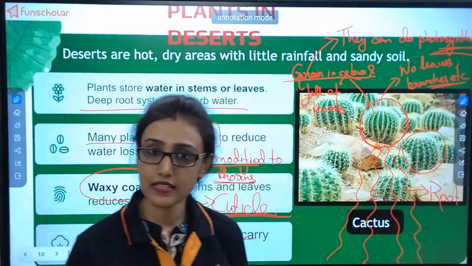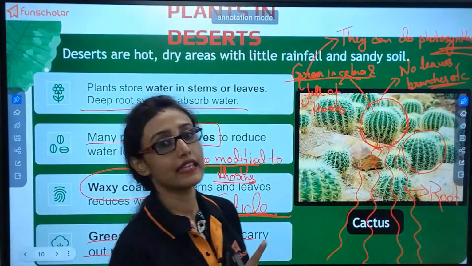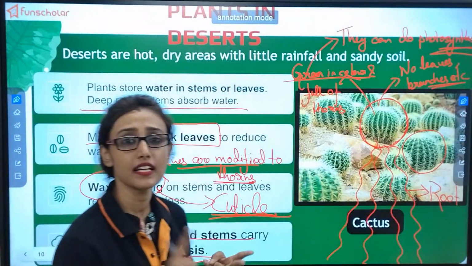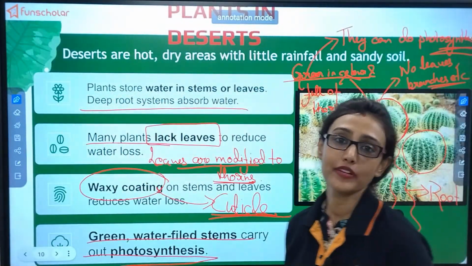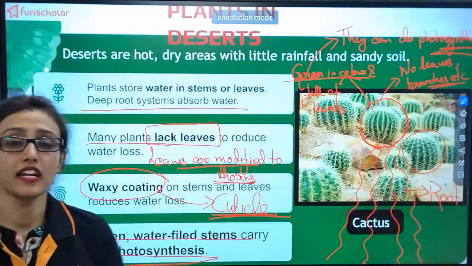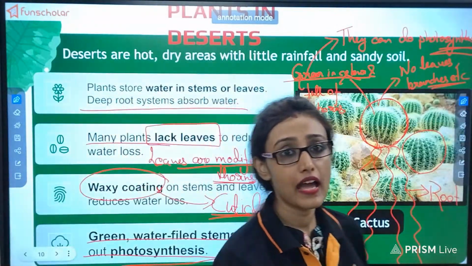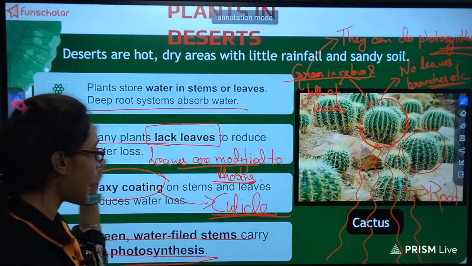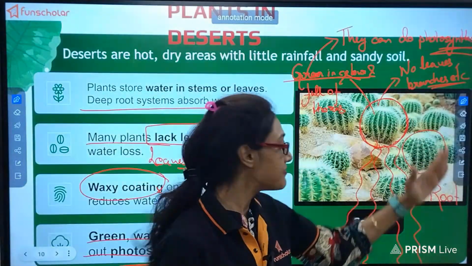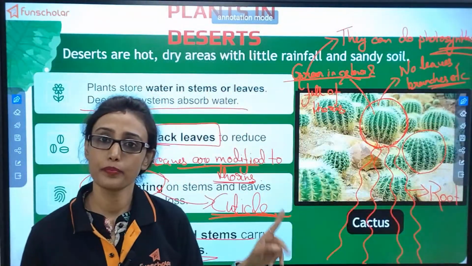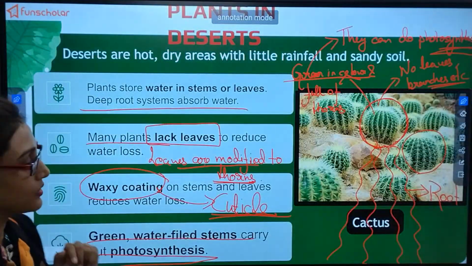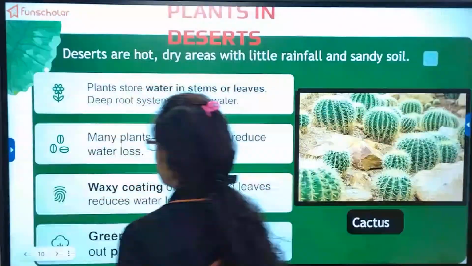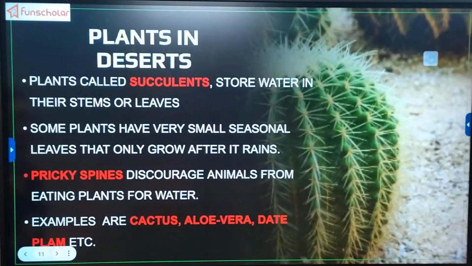So if I ask example, what will be the example? Cactus, aloe vera. You have heard the name, especially the girls know how much aloe vera is important for their hair and skin. So aloe vera is also a desert plant. Okay. And lastly, they have a waxy covering of cuticle to prevent what? Transpiration. Done? I think you have understood everything about this topic.